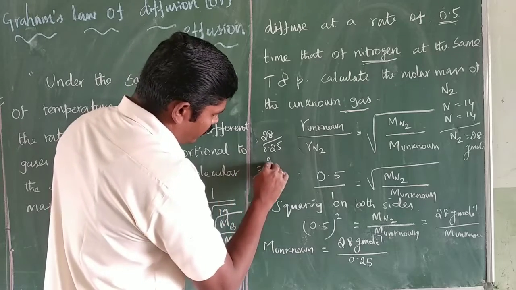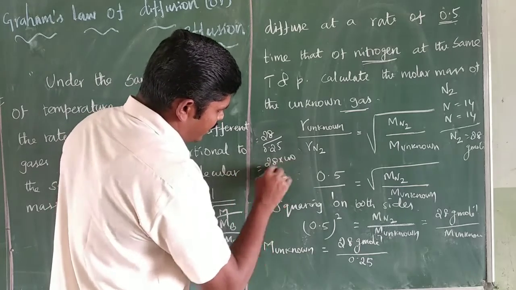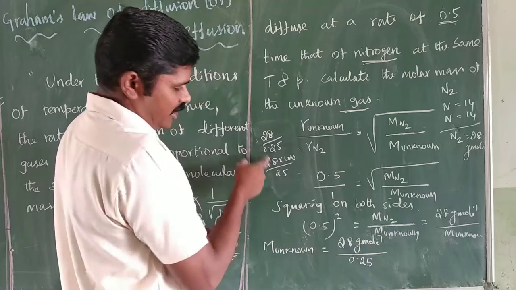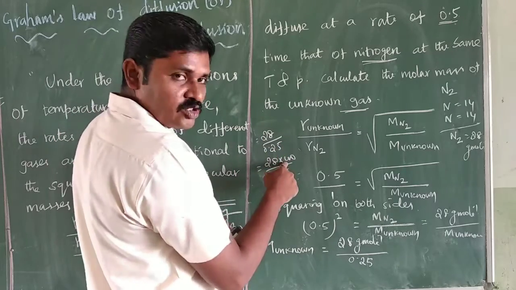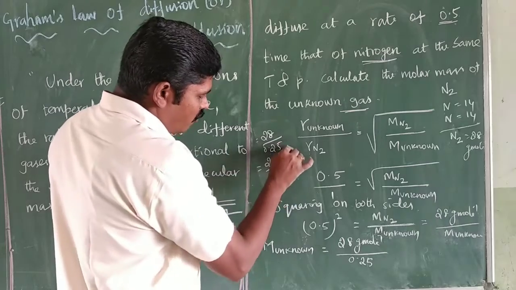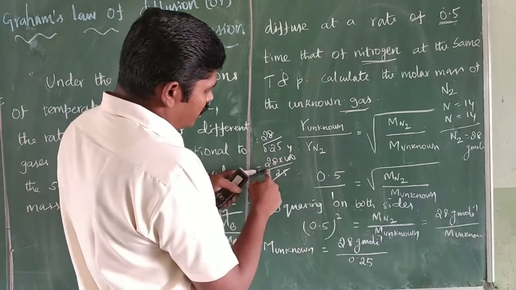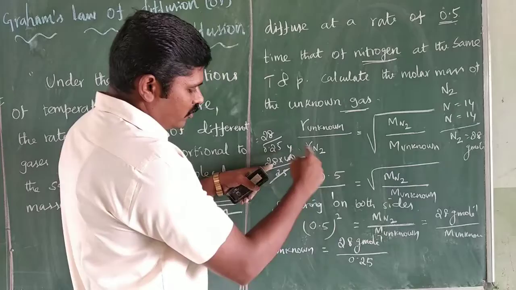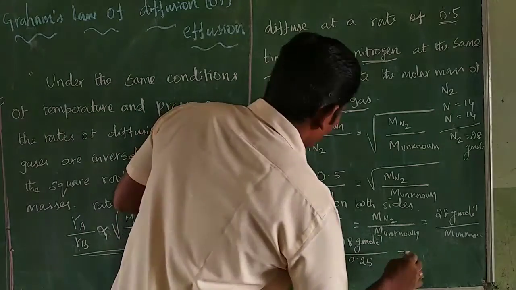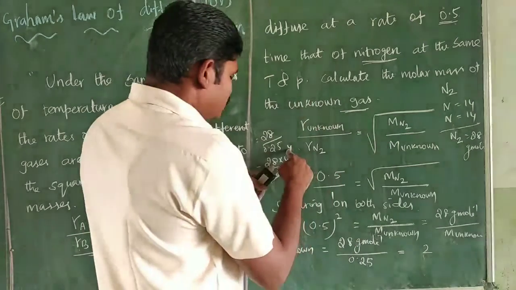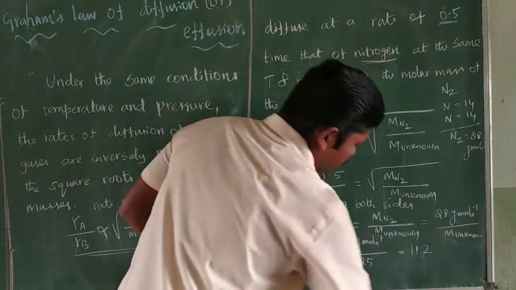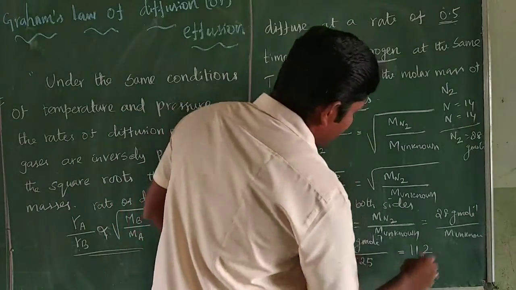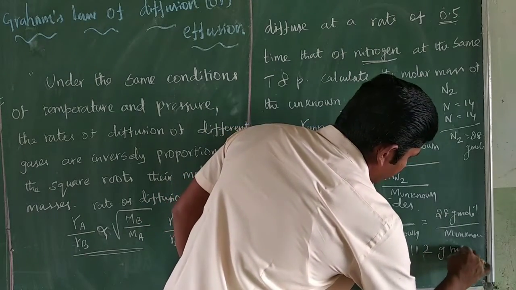That is 28 into 100 divided by 25, and 100 divided by 25 is 4. So 4 into 28 is 112 gram per mole.